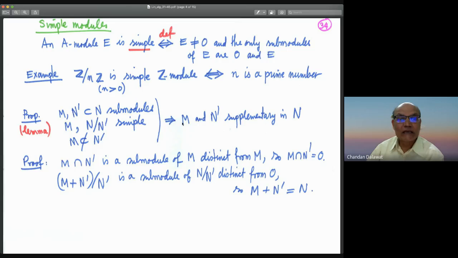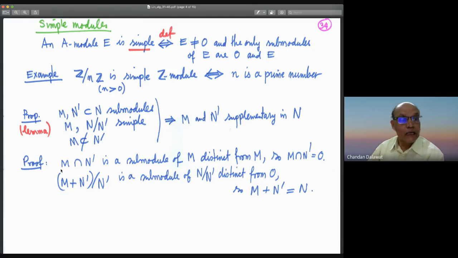I need to show that their intersection is 0, M intersection N prime is 0, and M plus N prime is equal to N. That's what it means for them to be supplementary in N.